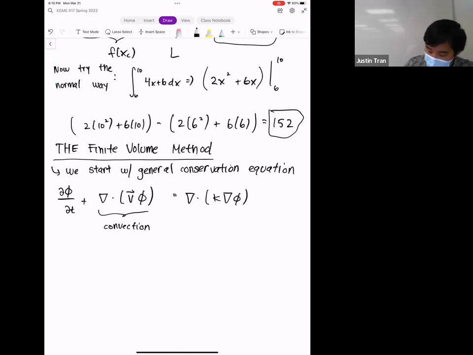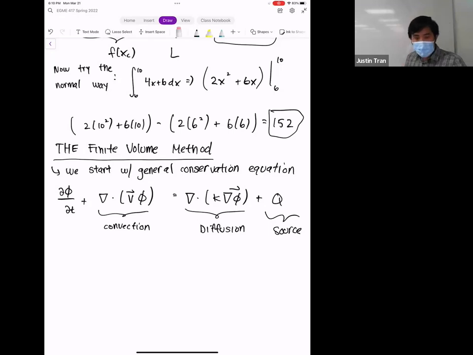All right, next we have the diffusion term. And of course, this is our source term. So that's our full conservation equation, but I didn't expand out the derivative, I kind of just compressed them into one.